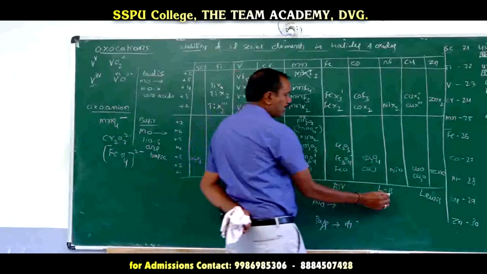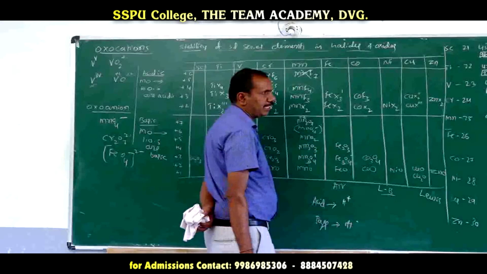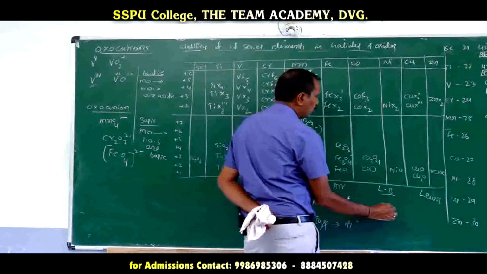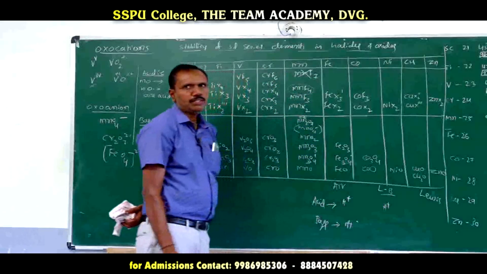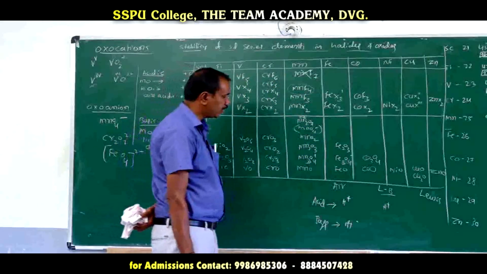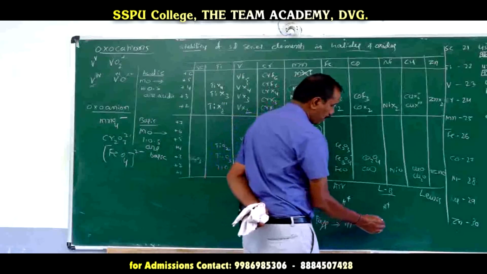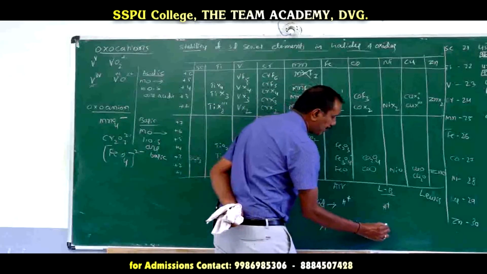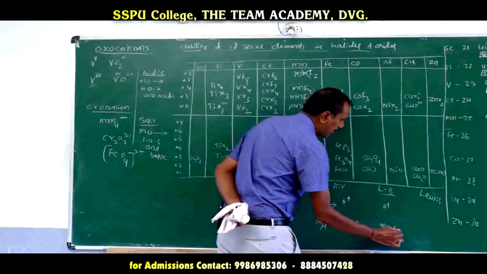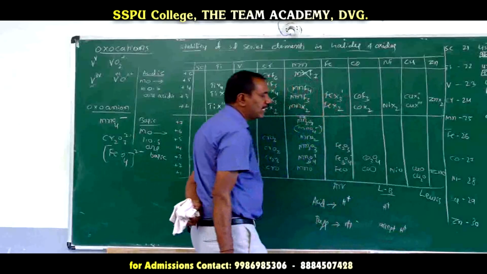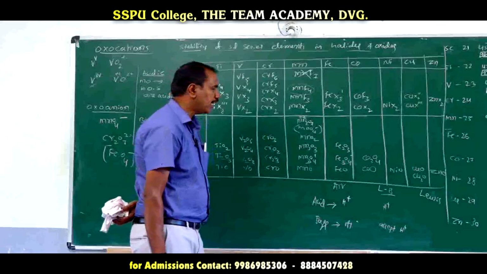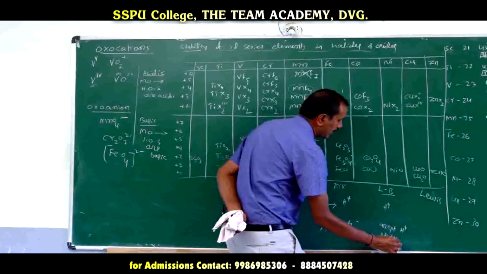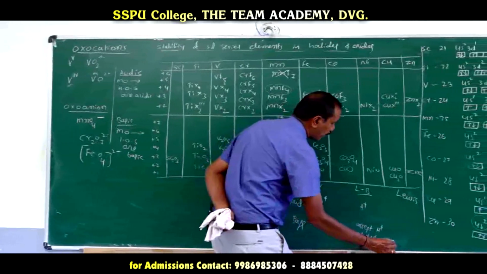According to Lowry-Bronsted theory, the modern concept, one which dissociates to give H plus proton, both in aqueous and non-aqueous media, is called an acid. Base is one which accepts a proton, both in aqueous and non-aqueous media. For example, NH3 is a base, because it can accept a proton and become NH4 plus.